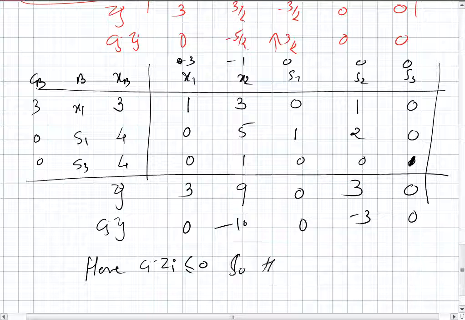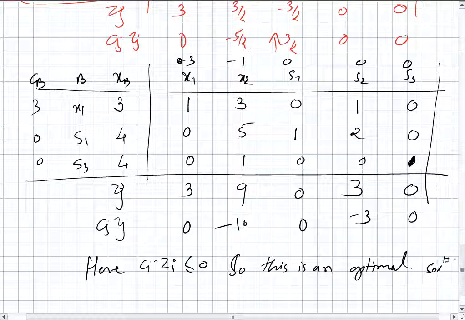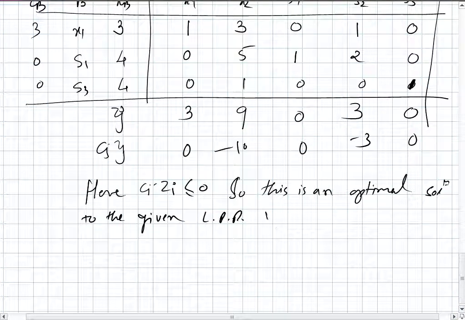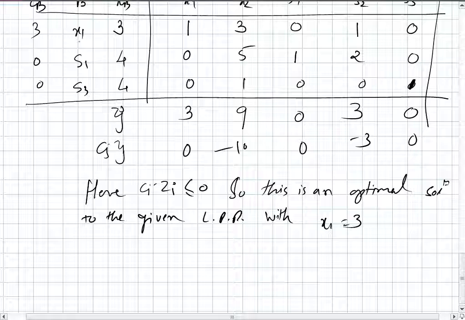So this is an optimal solution to the given linear programming problem with x1 equal to 3, that is from here, and x2 is not in the basis, meaning its value is 0.